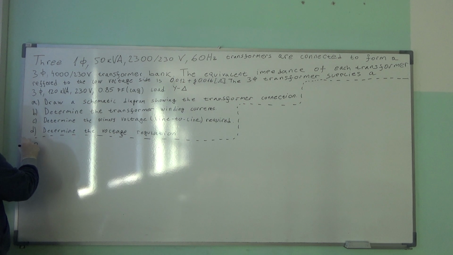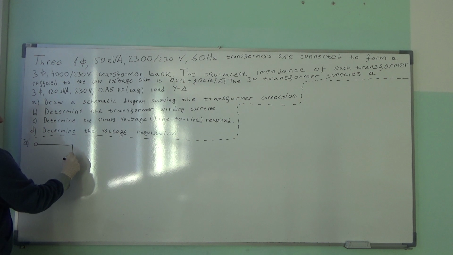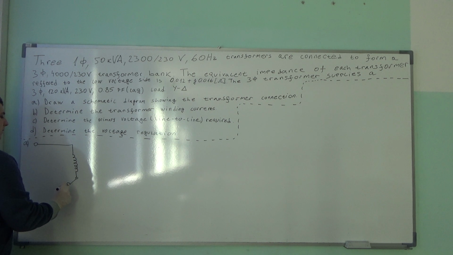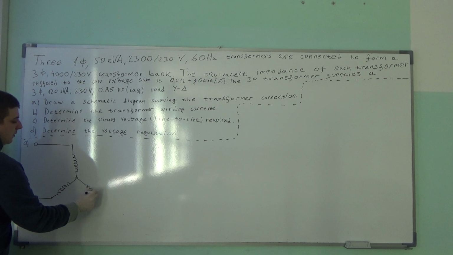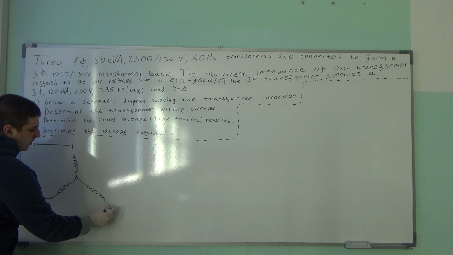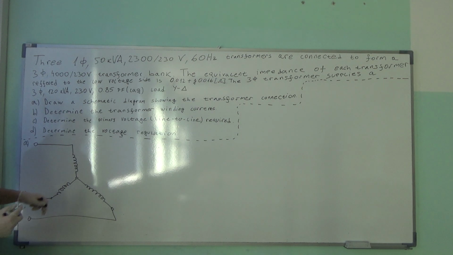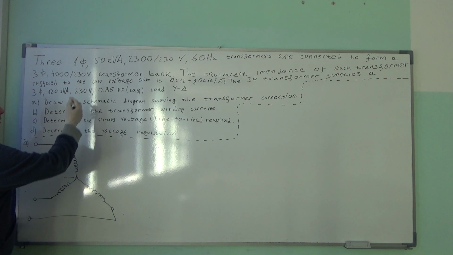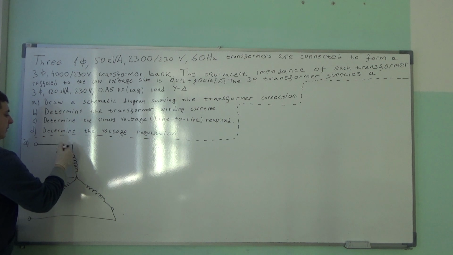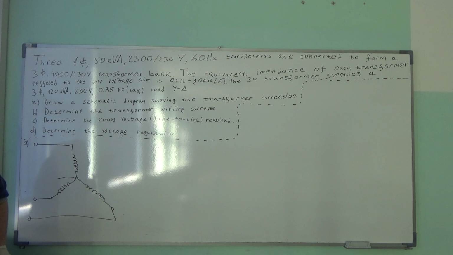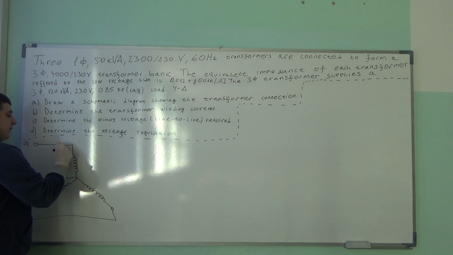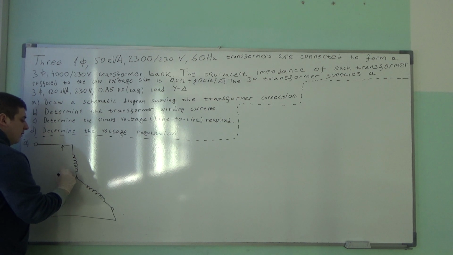So this is for A. Over here, we have to have 2300 volts. This is the phase voltage we want.